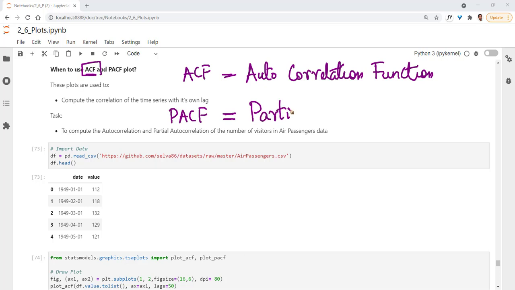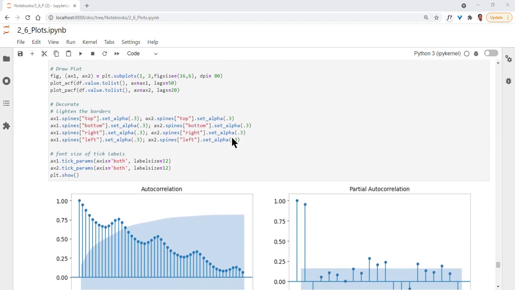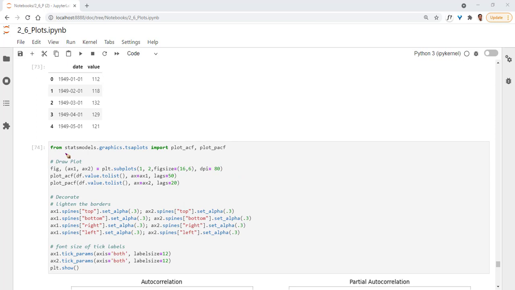PACF stands for partial autocorrelation function. These two are usually used to understand the relationship of the series with its own lags. So now we understand that ACF is nothing but the correlation of the series with itself. You can compute it using the statsmodels library. Within graphics.tsa.plots, you have plot_acf and plot_pacf. Directly you can make these plots.